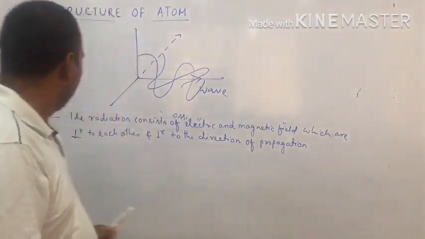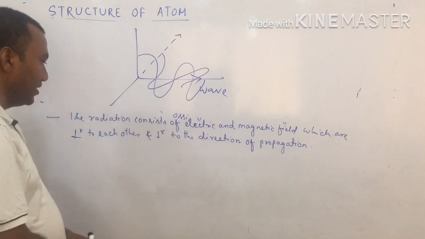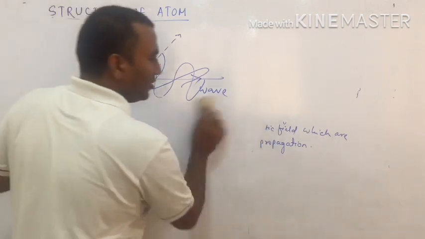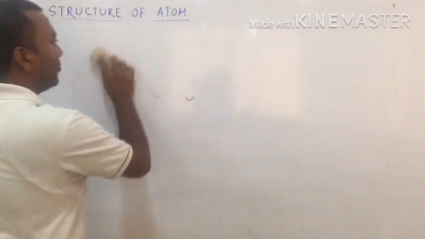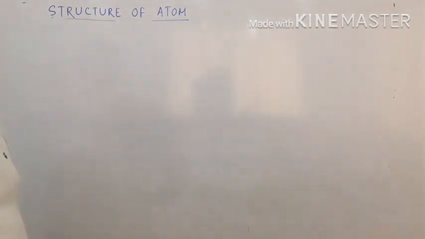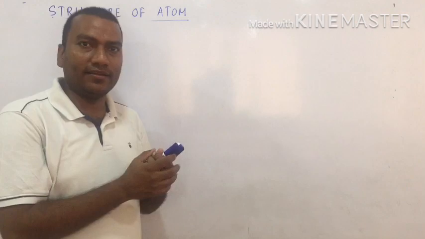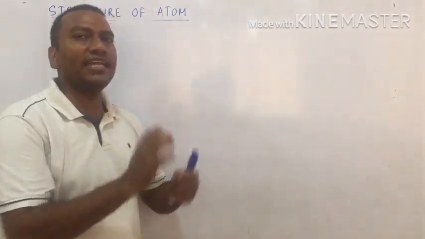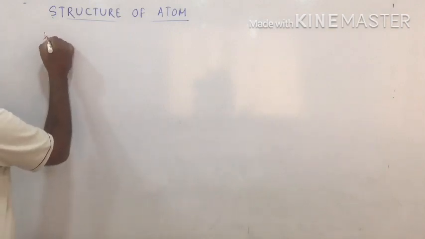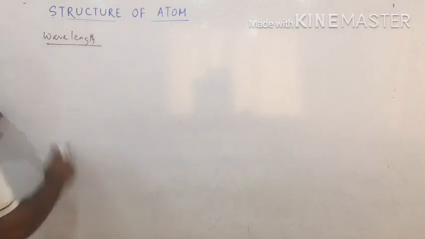So the radiation consists of both oscillating electric and magnetic fields which are perpendicular to the direction of propagation and also perpendicular to each other. So this radiation possesses wave character, that means wave related terms like wavelength are important terms.